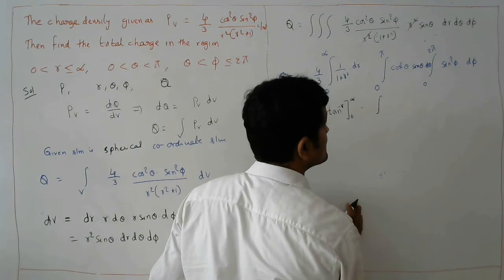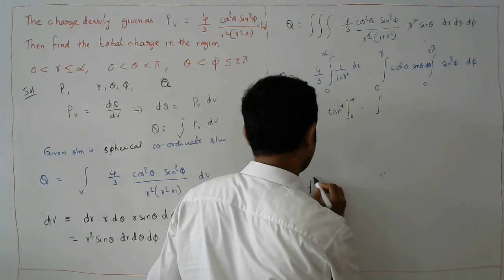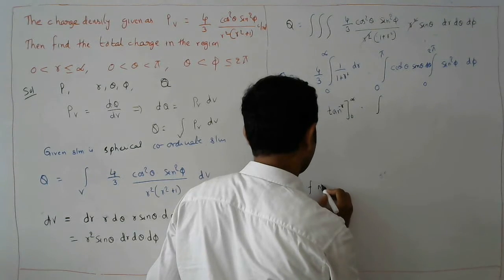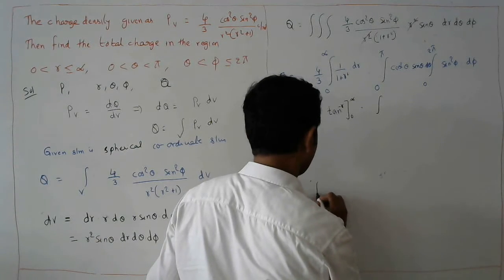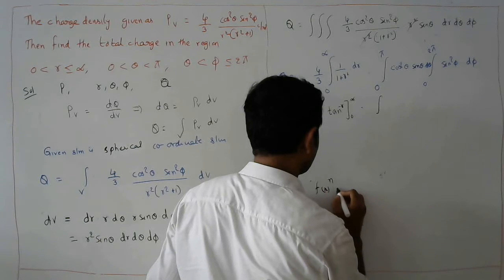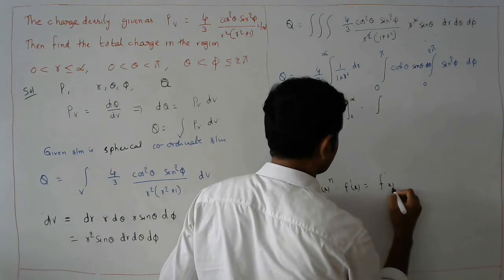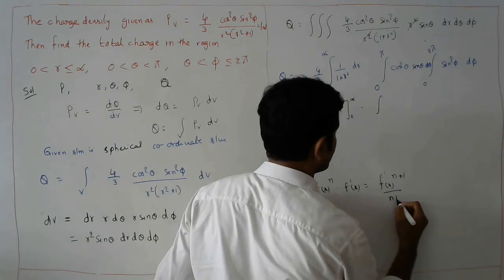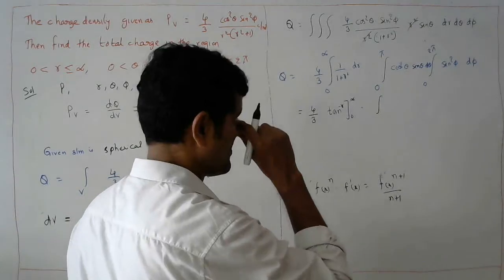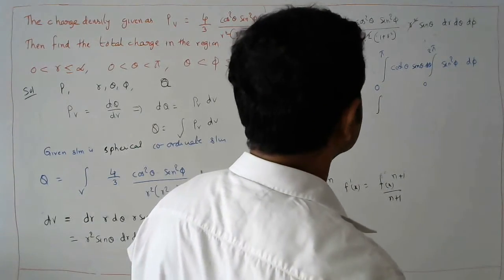It is in the form f of x whole to the power of n into f dash x, so we can write this as f of x whole to the power of n plus 1 by n plus 1. The integral of sin is cos theta.